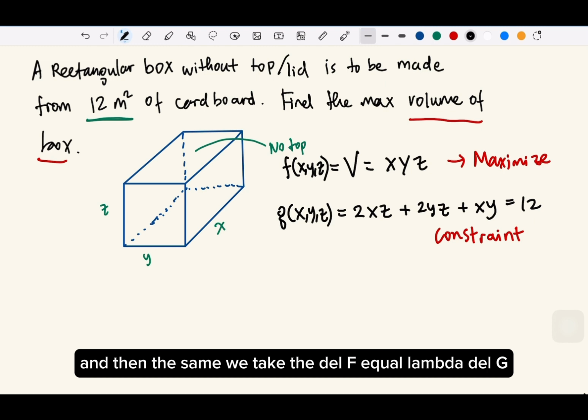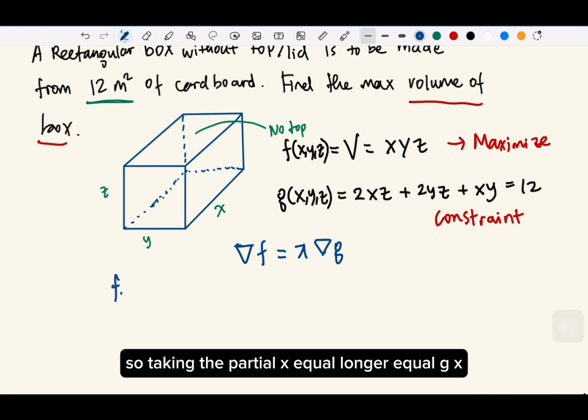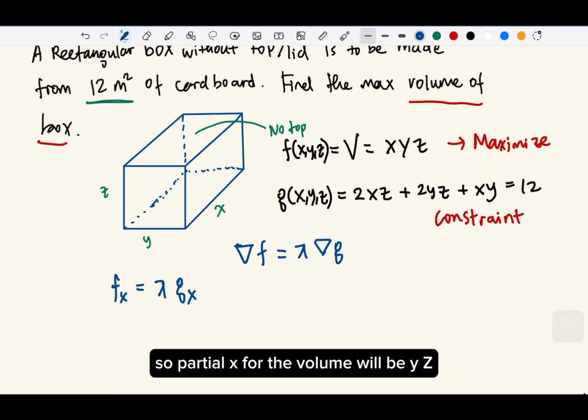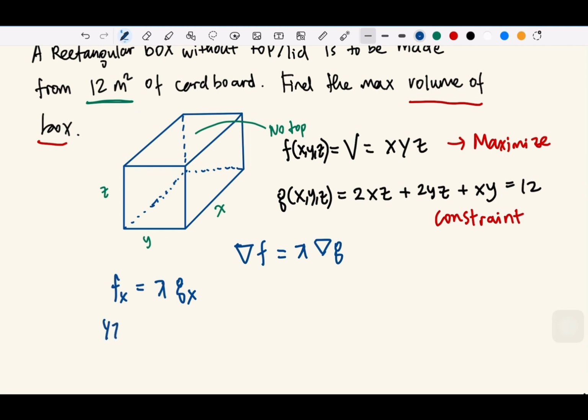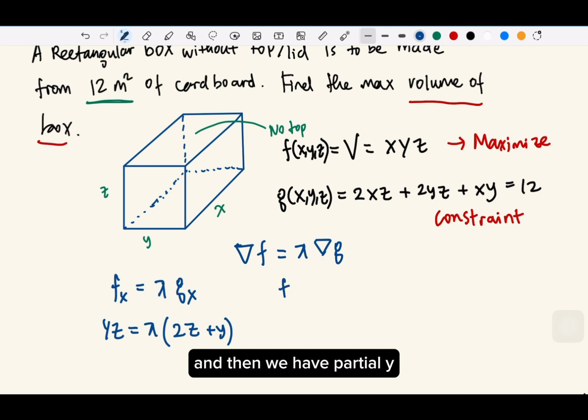And then the same, we take del f equal lambda del g. So taking the partial x equal lambda gx. Partial x for the volume will be yz, and gx is 2z plus y. Okay, and then we have partial y.